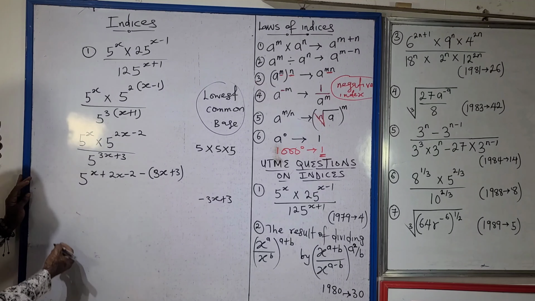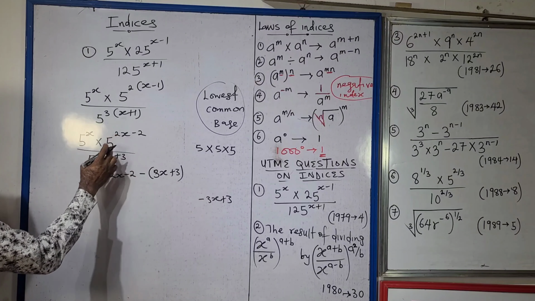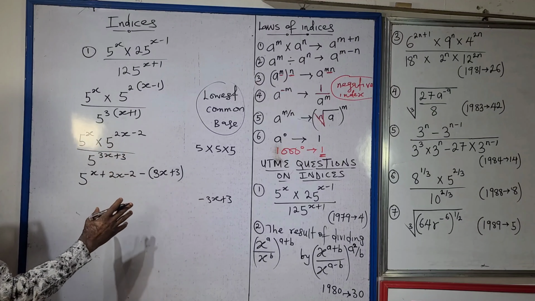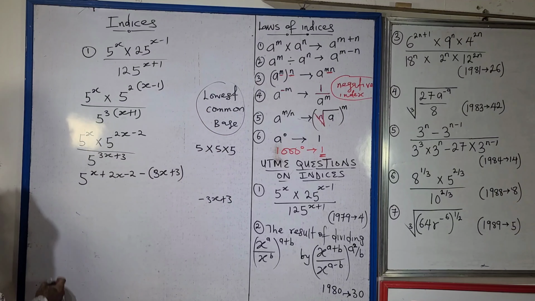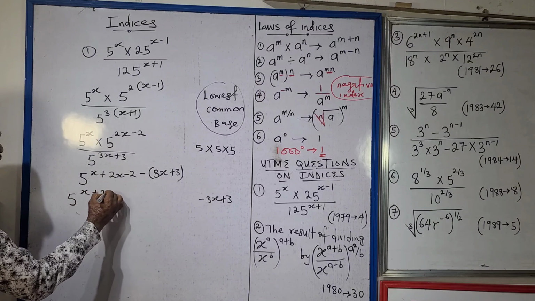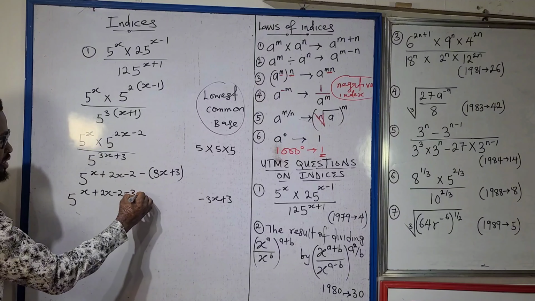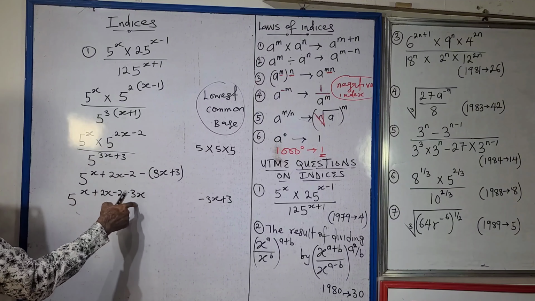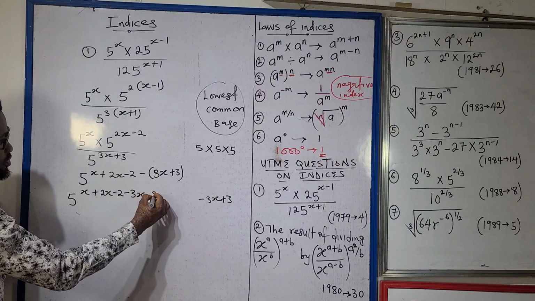So basically what we have here is this, since the base looks all the same, that's what we mean by common base. Okay, so this means 5 raised to the power x plus 2x minus 2 minus 3x, because minus times 3x is minus 3x, minus times plus 3, that's minus 3.